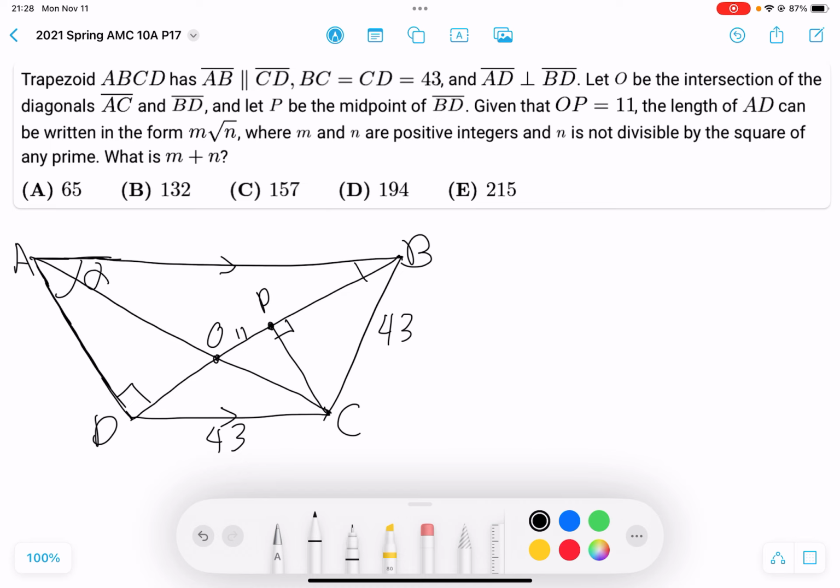So this is 90 minus alpha. Then since AOB is similar to DOC, and AB is parallel to DC, we know that this is 90 degrees minus alpha. If that's 90 degrees minus alpha, we have a 90-degree angle right there, so that is alpha.